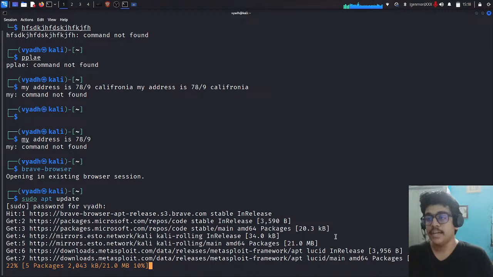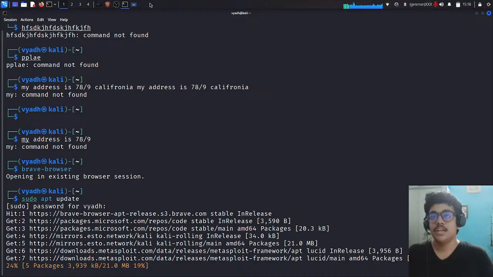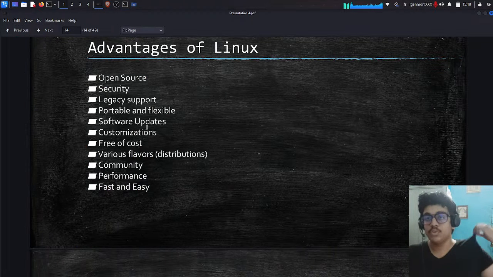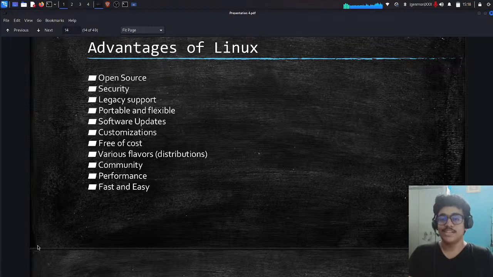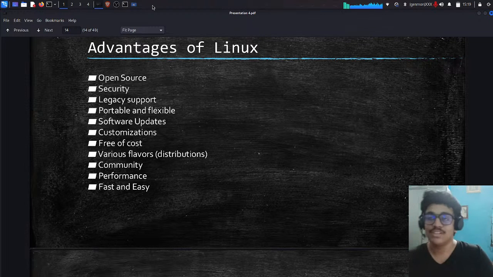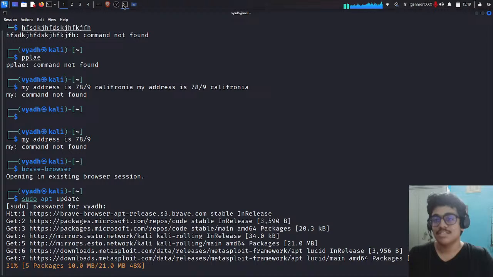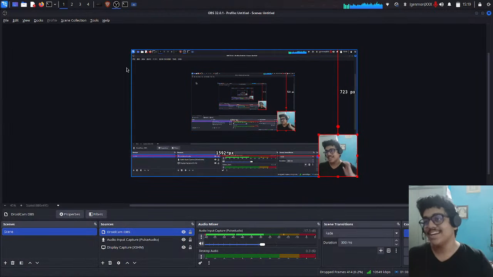It is updating. I think I have not updated the system, so let's let it update. Unlike Windows, where you go into the Settings app, then Windows Update, and see that very annoying screen, in Linux you can simply do it like this and just reboot the system.